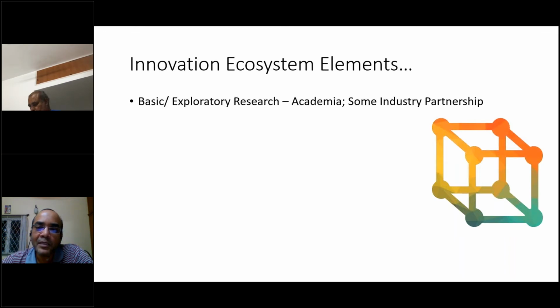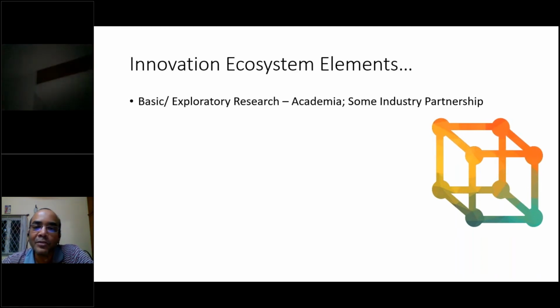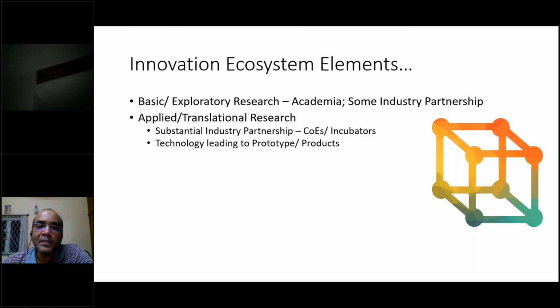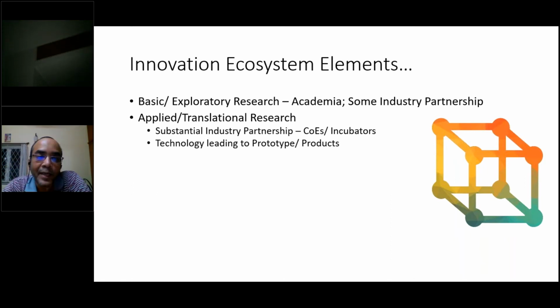There could be certain organizations that might have told a certain academician, I need to understand this, do some research on this, I'll sponsor that. So that activity happens. And then the applied work, the translational research, is where there's a substantial industry partnership being realized today.